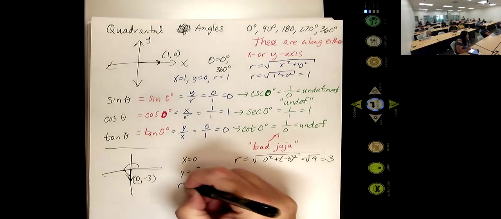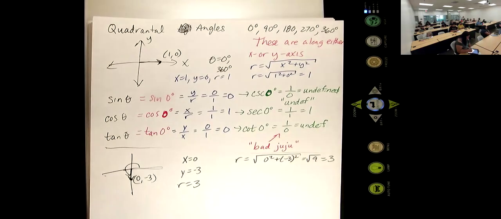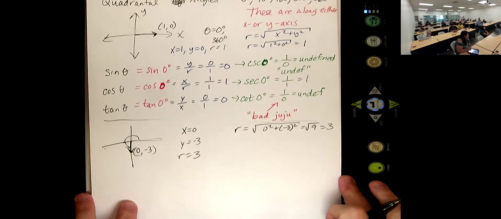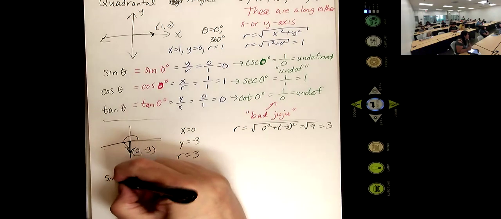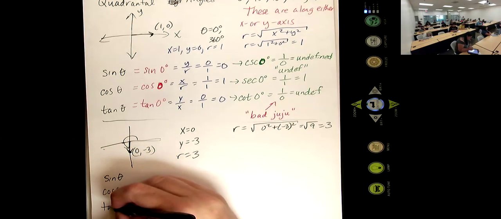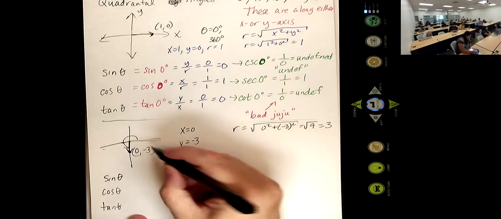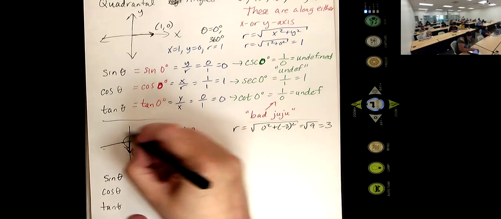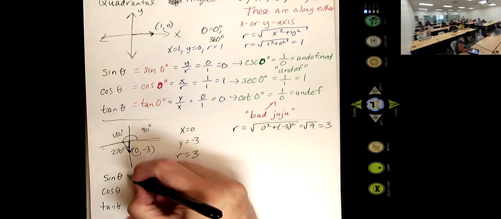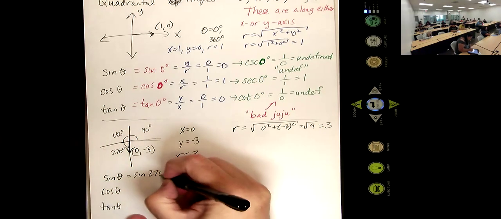So r equals 3. Sine theta, cosine theta, tangent theta. Here, that would be 90, 180, 270 degrees, so this is sine of 270 degrees.